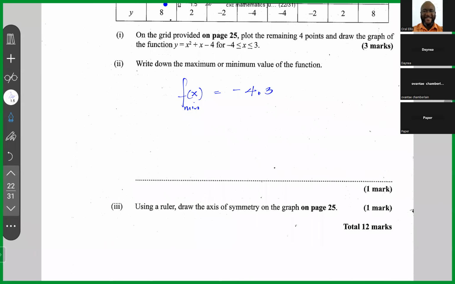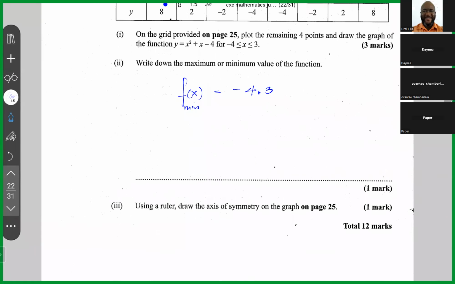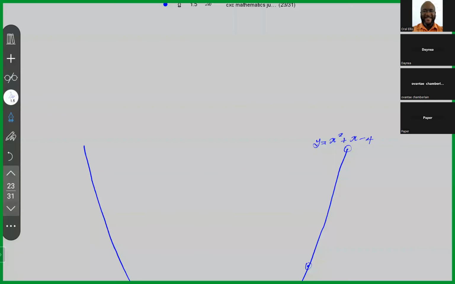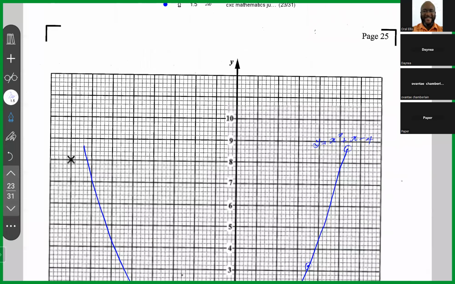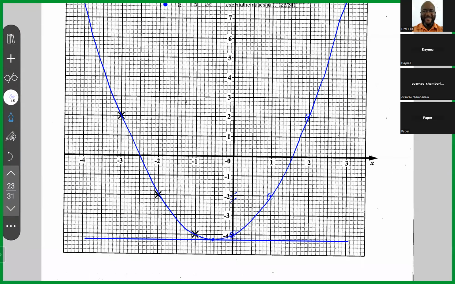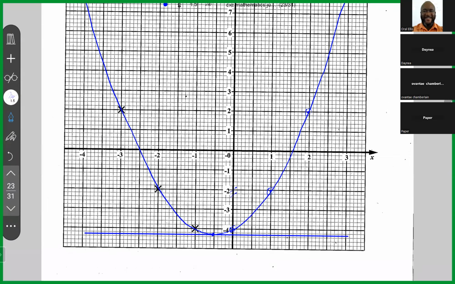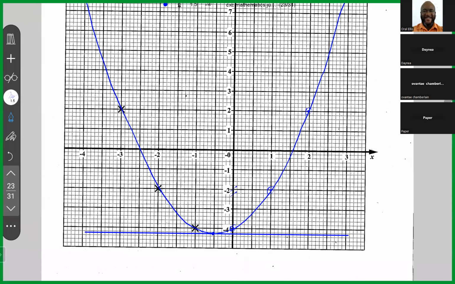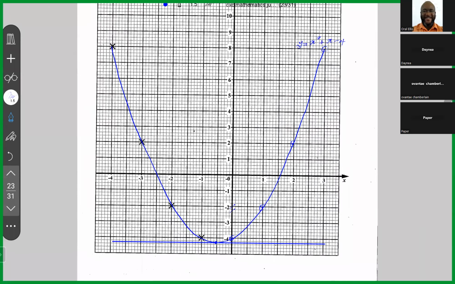Then it says using a ruler, draw the axis of the graph. Now, the axis of symmetry is a vertical line that passes through the turning point. The turning point is here, and the vertical line to the turning point is this line here. And he said we should use a ruler, so ensure you use a ruler to do it.